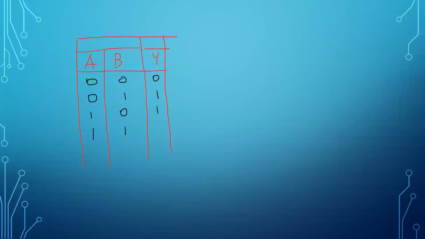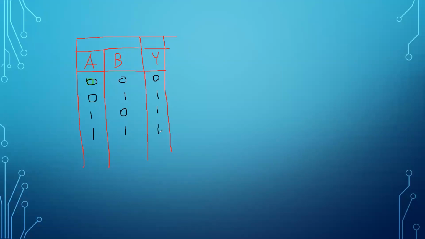Here also, if at least one signal has a high level, then we will get high. And here, both A and B signals have a high level value, so we will get 1 as the output.